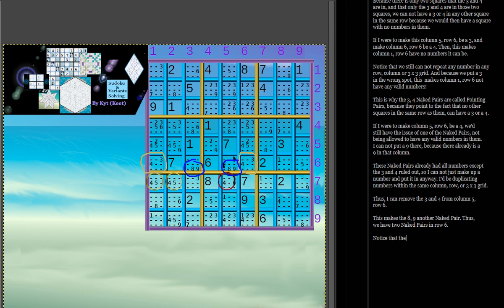Notice that the 3, 4 naked pair only rules out 3 and 4 out of the same row, as they are not in the same column or in the same 3 by 3 grid.